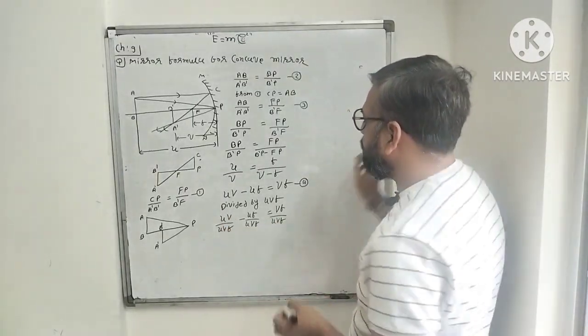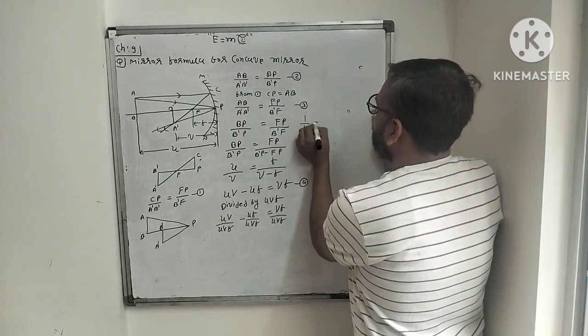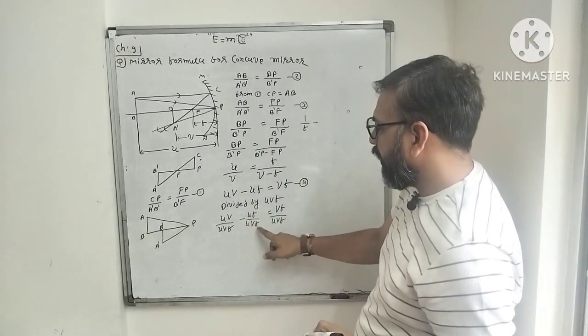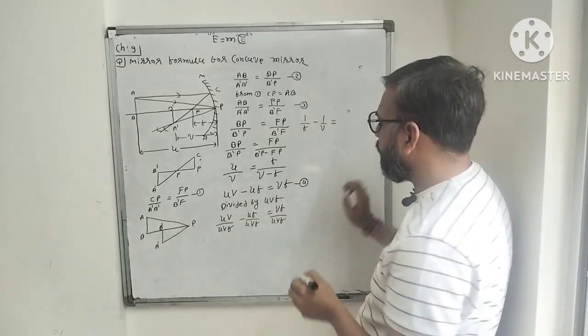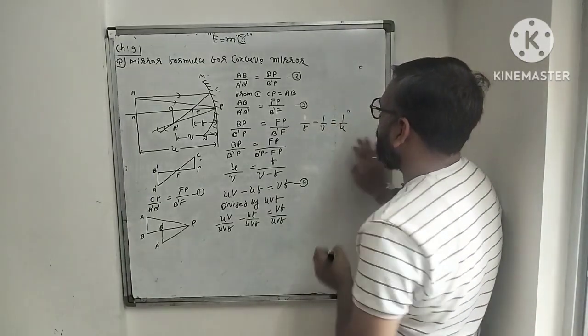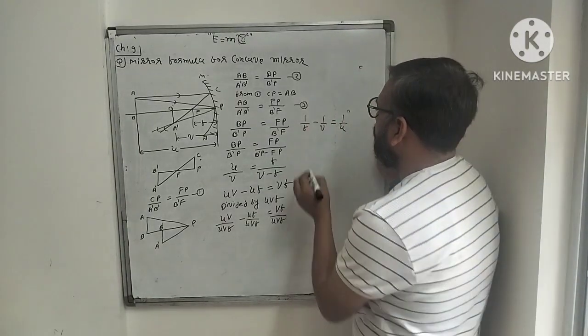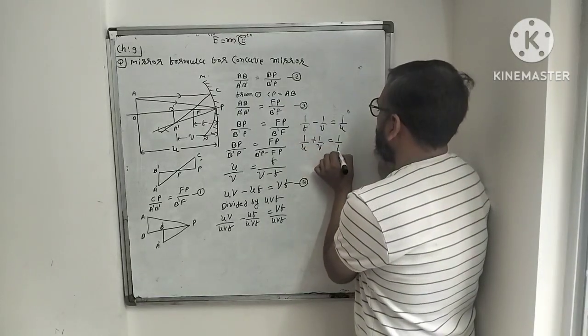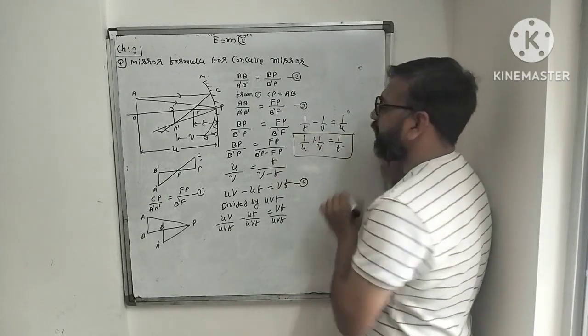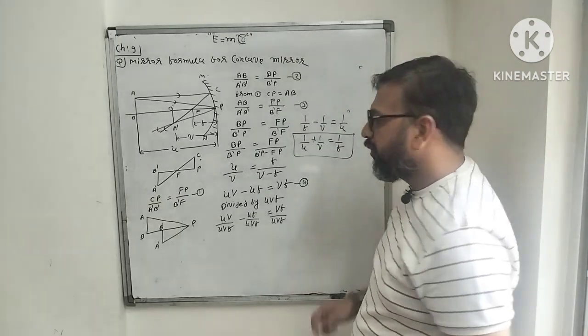Here UV cancels, so we get 1 upon F. UF cancels, 1 upon V. VF cancels, so 1 upon U. So we can write 1 upon U plus 1 upon V equal to 1 upon F. This is the mirror equation.